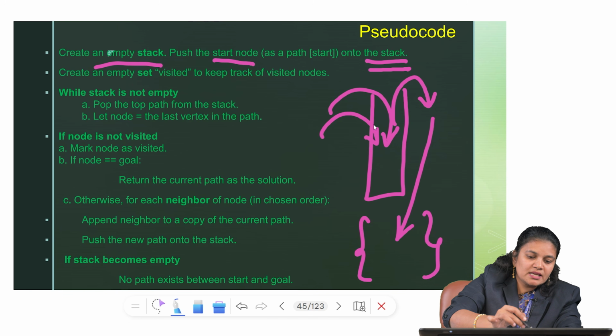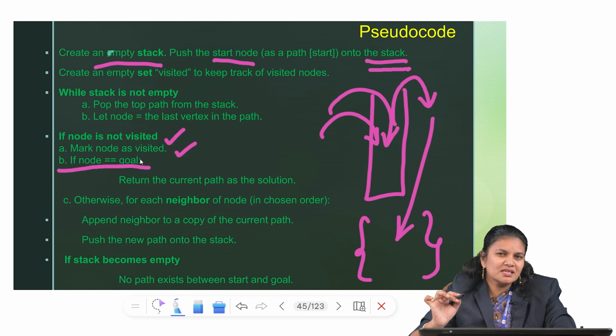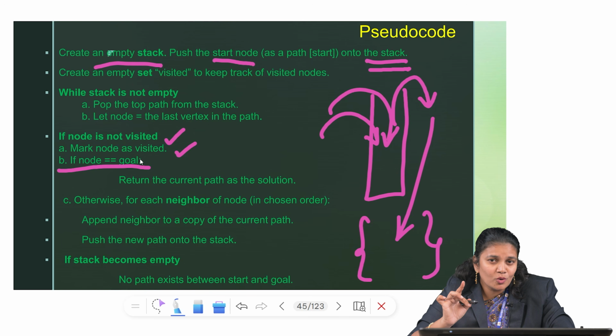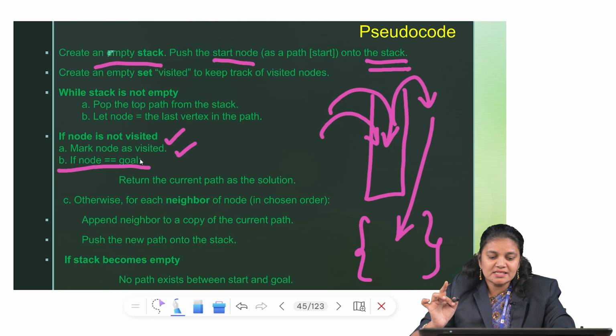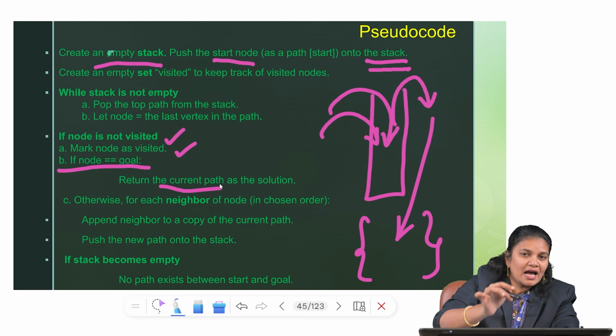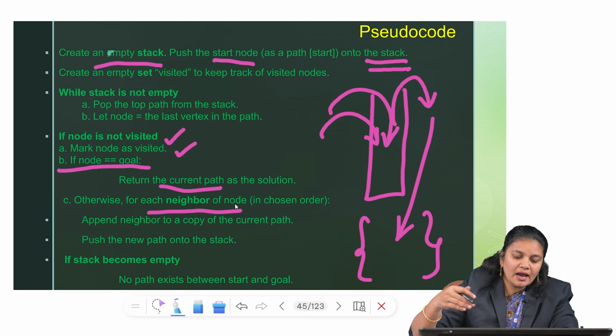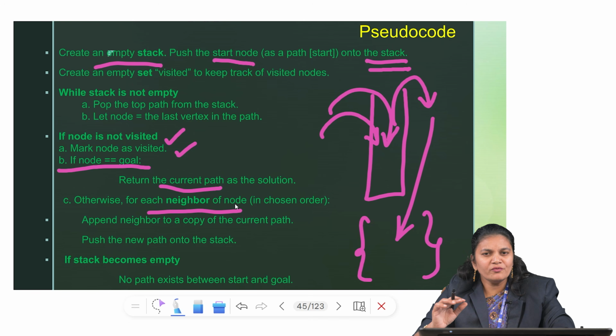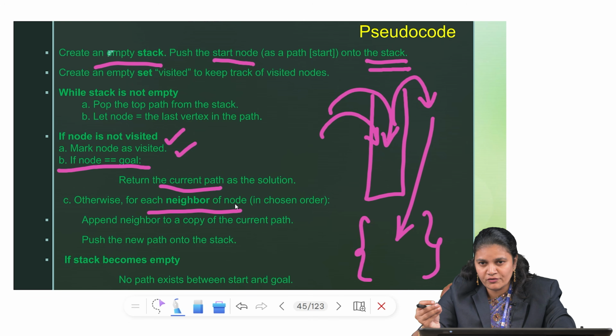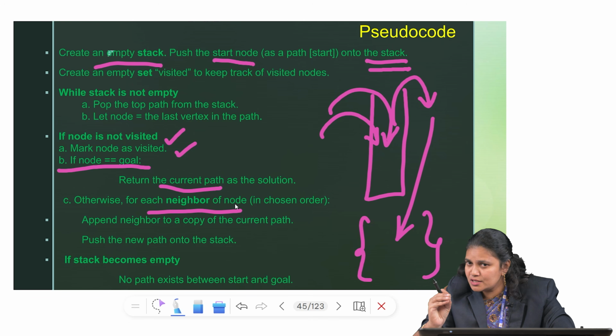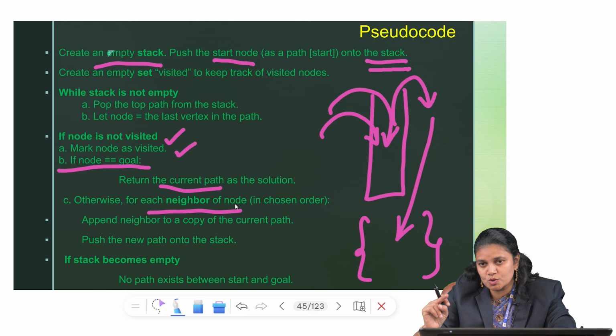If the node is not already visited, we can mark it as visited, and this is very important. At every stage we should check whether the goal node has been reached. If it has, we can return the path as the solution path. If not, we should explore its neighbors and move one by one. So how long should we do this? Suppose we are looking for a path and there is no path existing from that source to that destination.